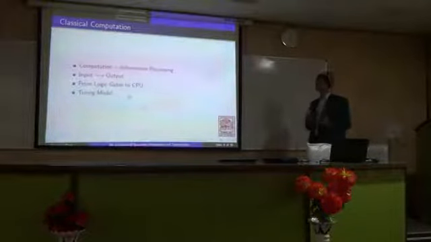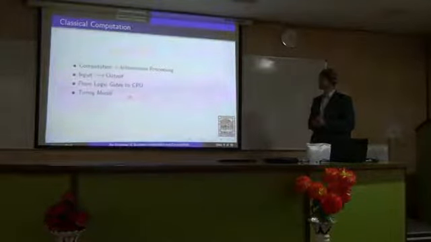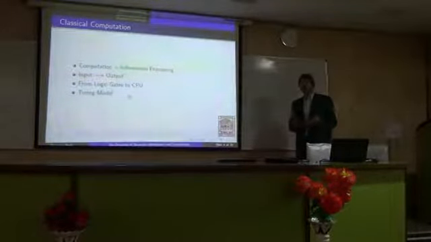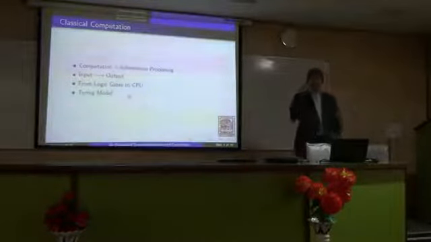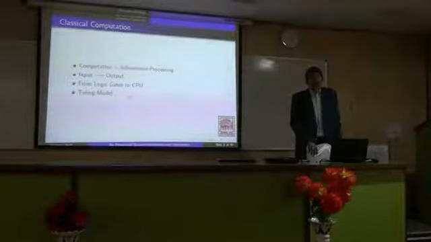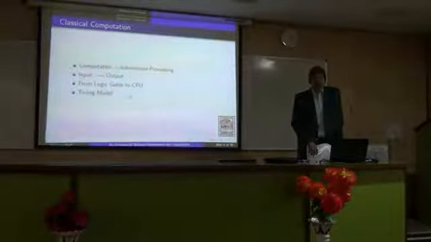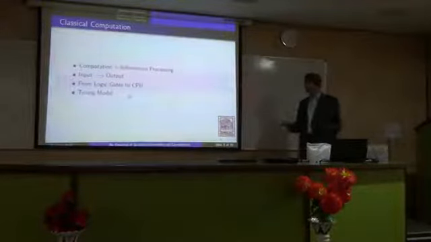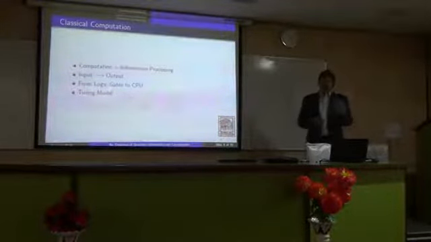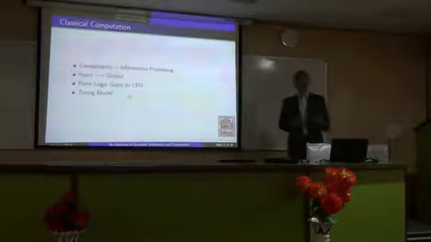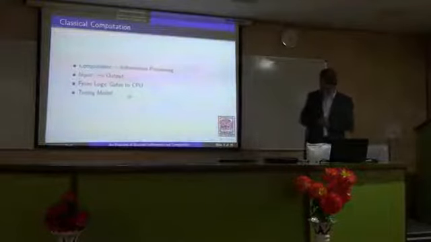Mathematically, we study this entire domain in an abstract model called the Turing model of computation, where the internal states are modeled as members of a set of states, and the evolution of the register values or the memory values inside the computer is modeled as state transition.